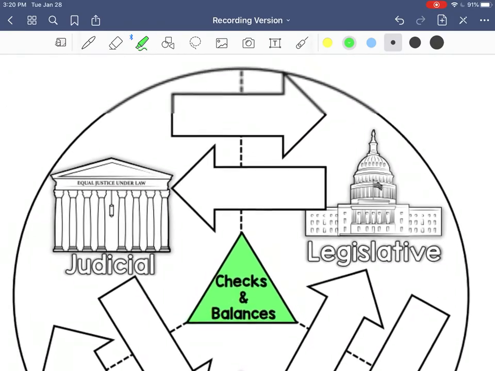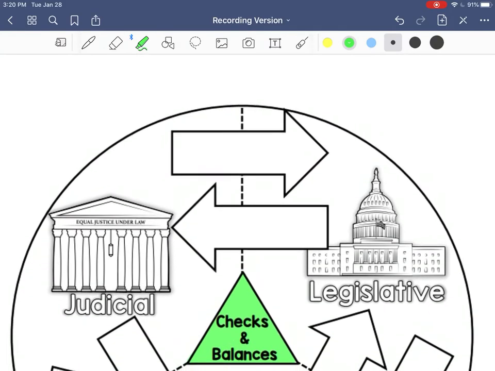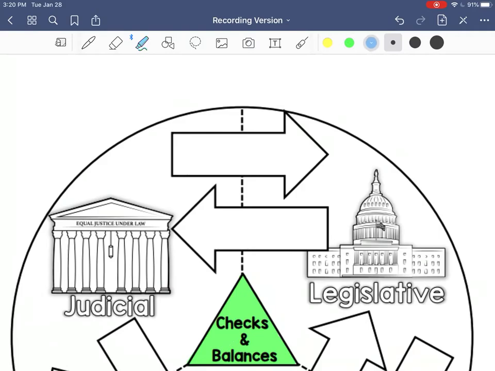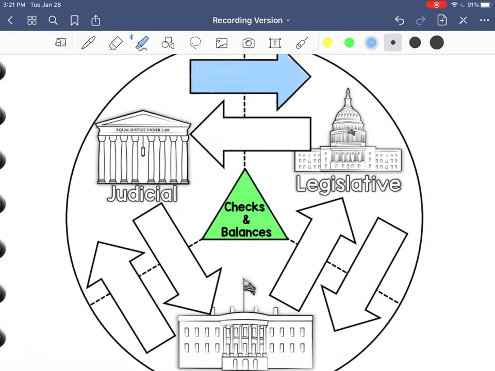So they gave some power to the judicial branch, and I'm going to use my blue pen to color this one. So these two arrows right here, I want to make this one blue. Okay. And then we also want to make this one blue.